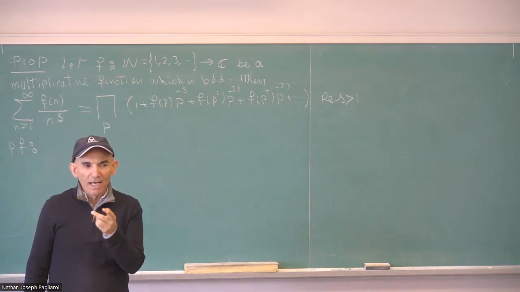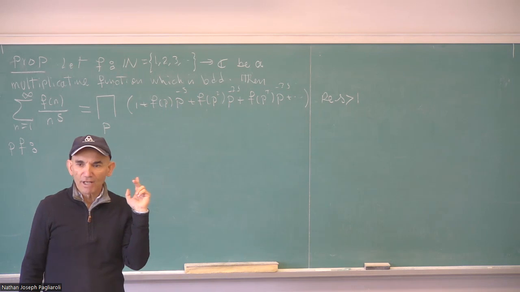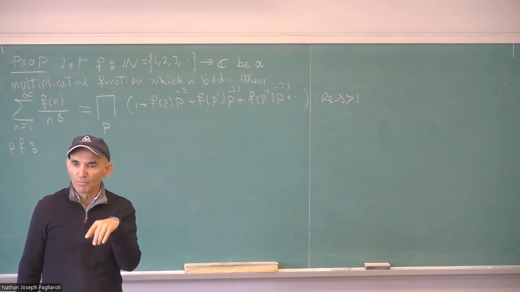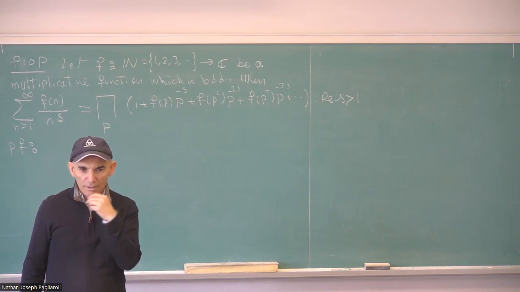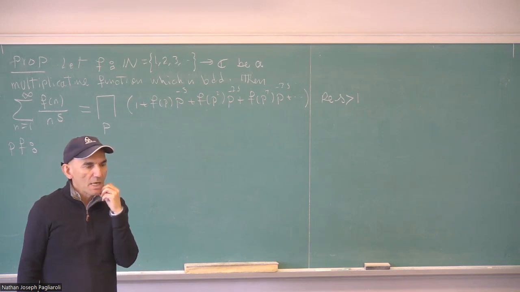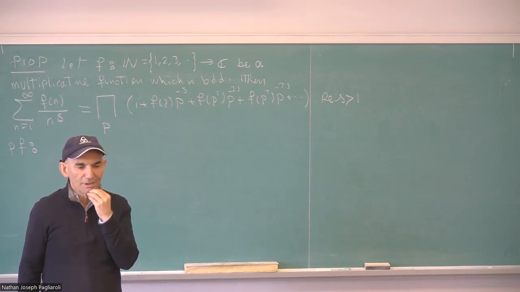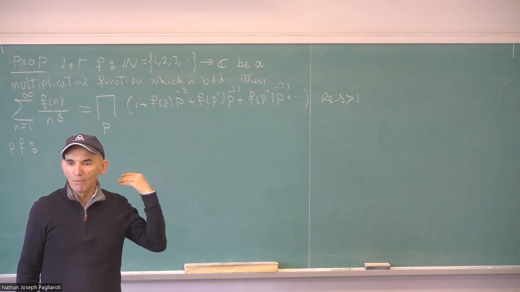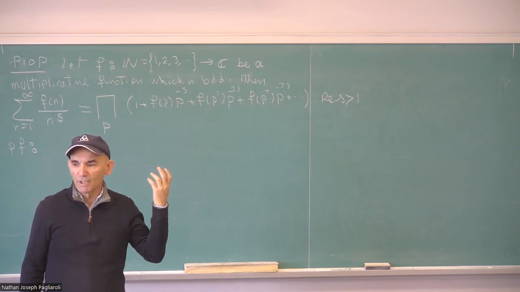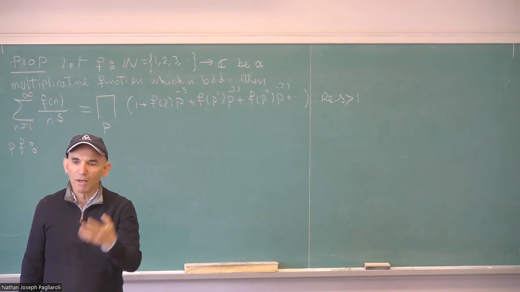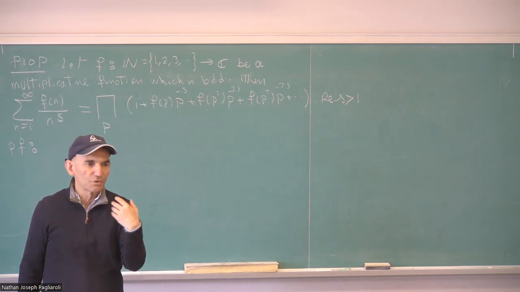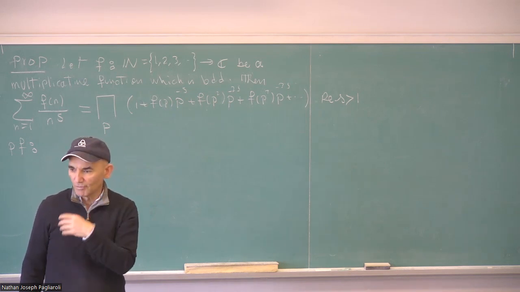It guarantees that the series on the left-hand side is actually convergent for real part of s bigger than 1. You can just take the absolute value and bound it by some zeta series, which we know is convergent for real part of s bigger than 1.